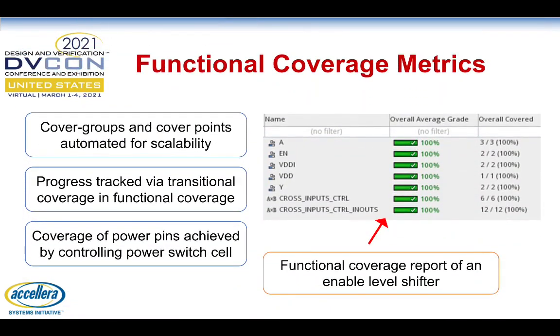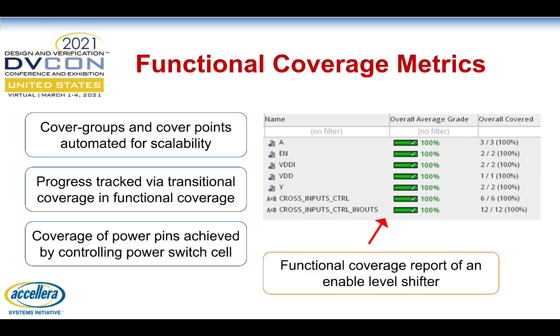A functional coverage monitor analysis component contains one or more cover groups which are used to gather information related to the events that have occurred in a test bench during a test case. The code generation of the cover groups and cover points of functional coverage is automated, which makes the test bench scalable for any number of cells in the design.